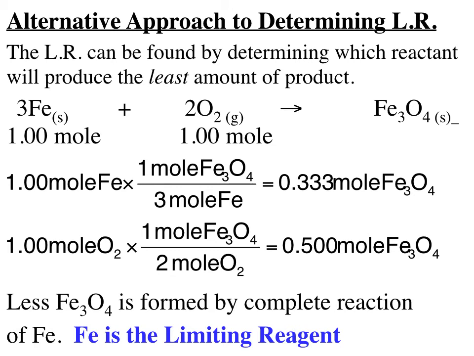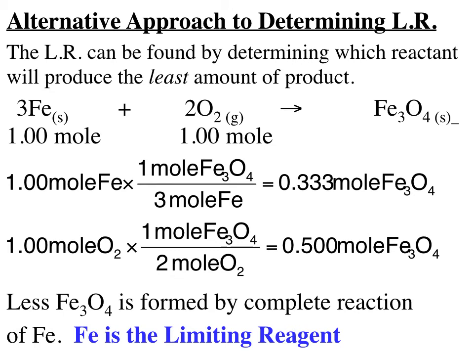And when lined up correctly, this means I take 1 times 1 divided by 2. If I use all the O2 according to the stoichiometry, I will form 0.5 moles of Fe3O4. Since more moles of Fe3O4 would be formed when using up the O2 as compared to using up all the Fe, I know that Fe must be the limiting reagent.